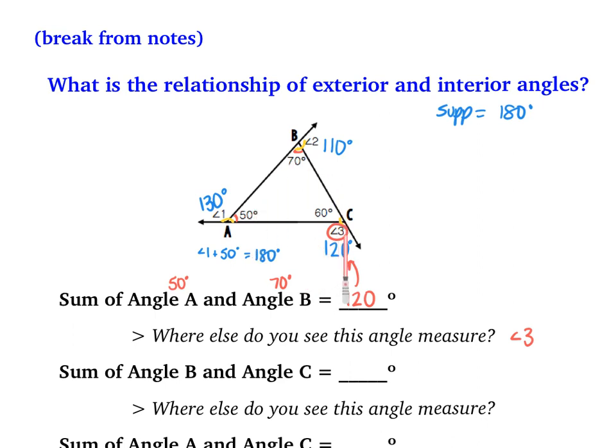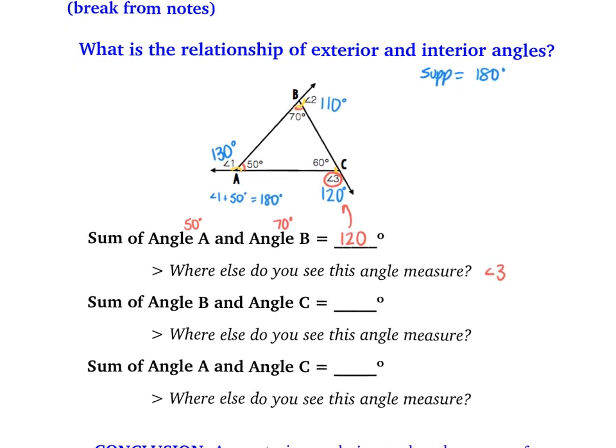Well, if we look at this relationship between this exterior angle and these two interior angles, we can see that these two would be the remote interior angles to this exterior angle. It's the two inside angles that are not next to this outside angle. So an exterior angle could be equal to the sum of its remote interior angles. Let's see if that's true for the other exterior angles.